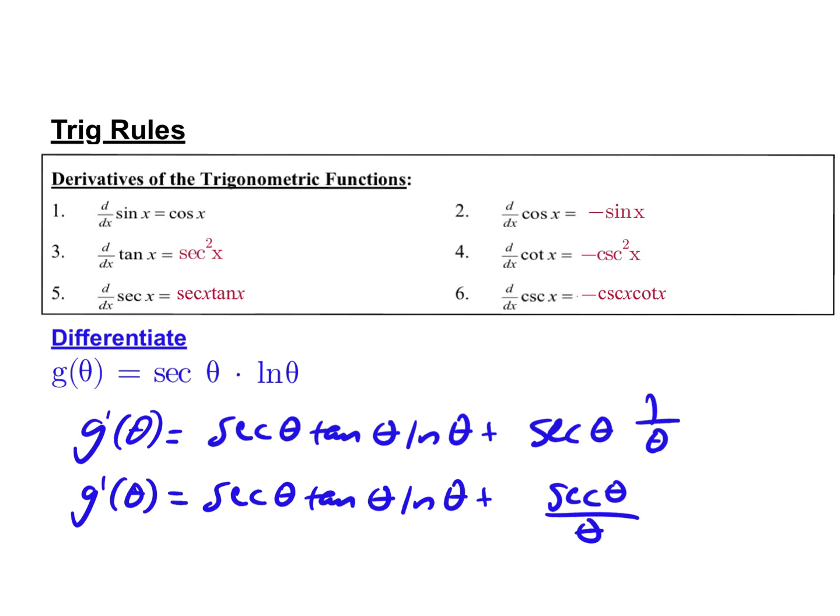Could you not take out a secant? You could. Could I factor out a secant theta? Sure. Is it going to get you anywhere? Not really. You don't have to continue factoring. Why do you continue factoring the other one and not this one? I didn't factor the other one, I combined like terms.